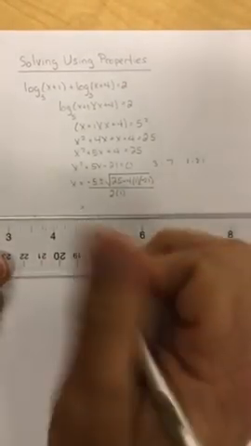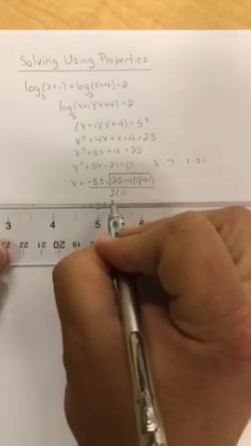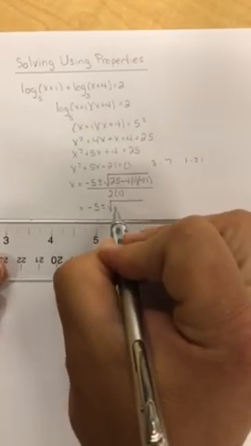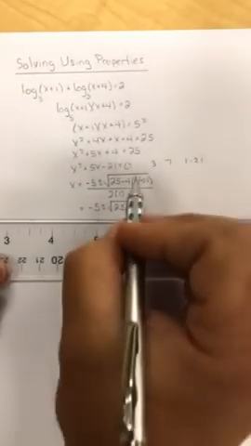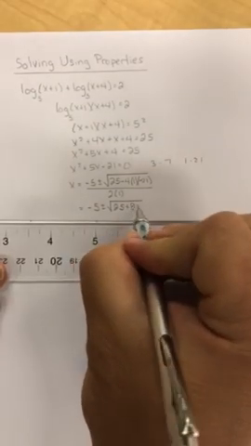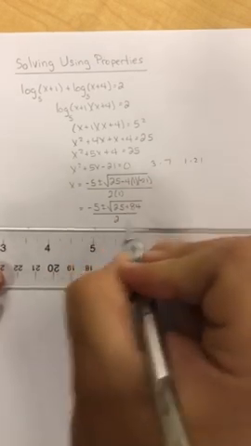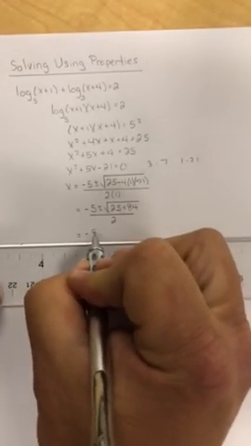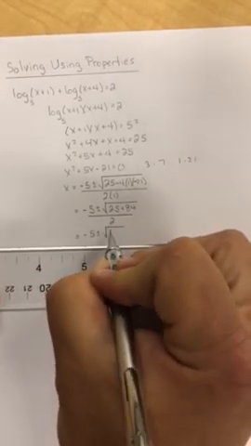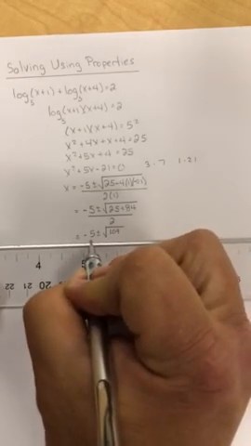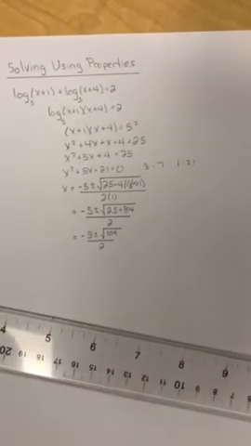Now simplifying the inside part, you have negative 5 plus or minus the square root of 25. Since two of the numbers are negative, that results in a positive when you multiply them together, so you'll get a positive 84. Simplifying the inside to 109, all divided by 2.